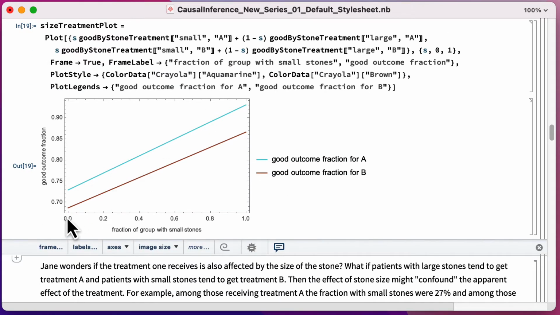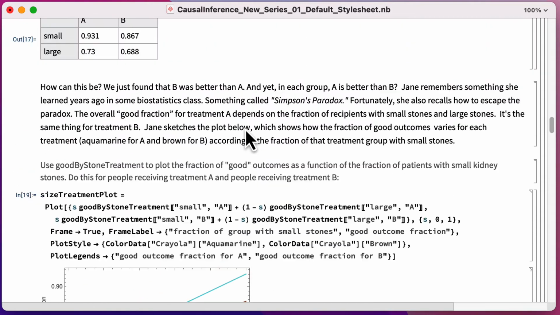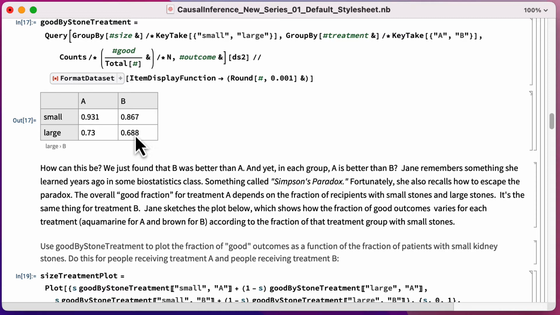Okay, so on the x-axis here we have the fraction of the group that in fact has small kidney stones. The brick color here is the fraction of people that would have a good outcome. And you'll notice it runs from 68% up to about 84%, which is going from here to here.